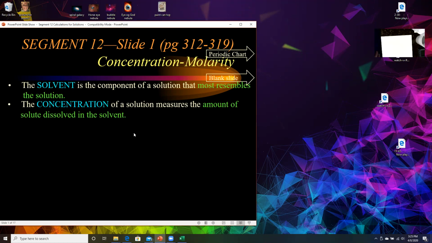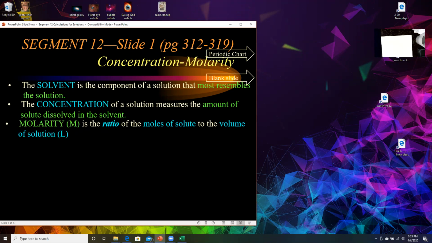We measure concentration of a solution by measuring the amount of solute dissolved in the solvent. And that's how we express concentration. The one that you have used all the time already is molarity. Molarity is the ratio of the number of moles of solute to the volume of solution. It is a ratio.